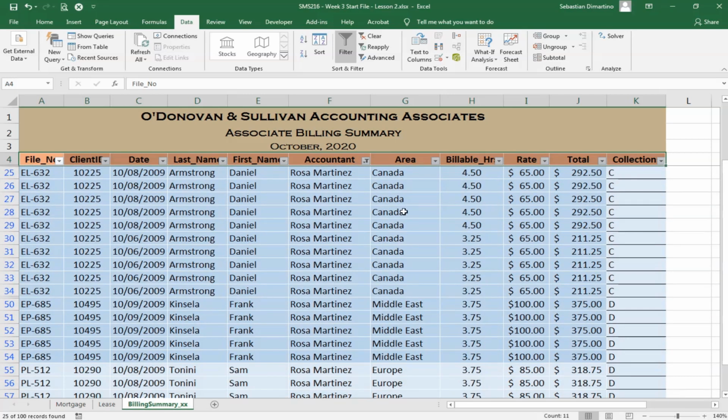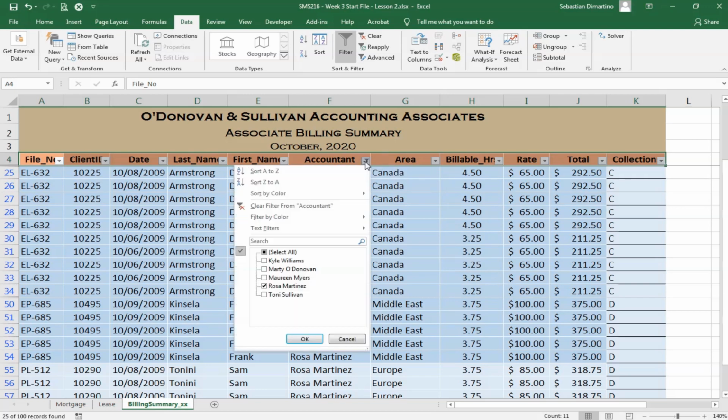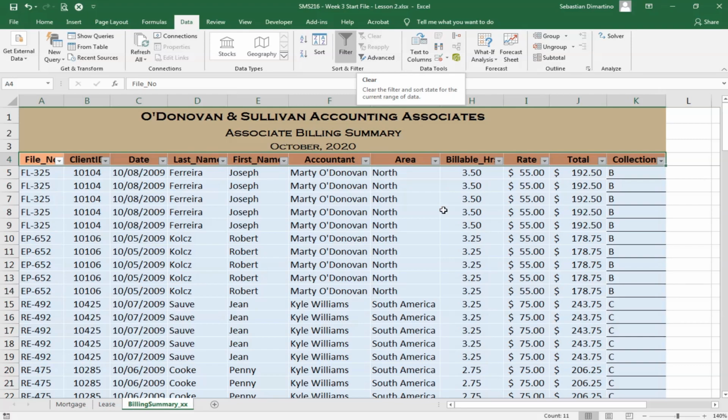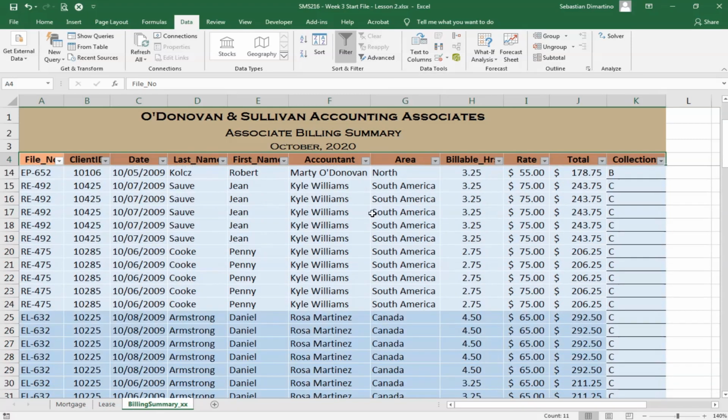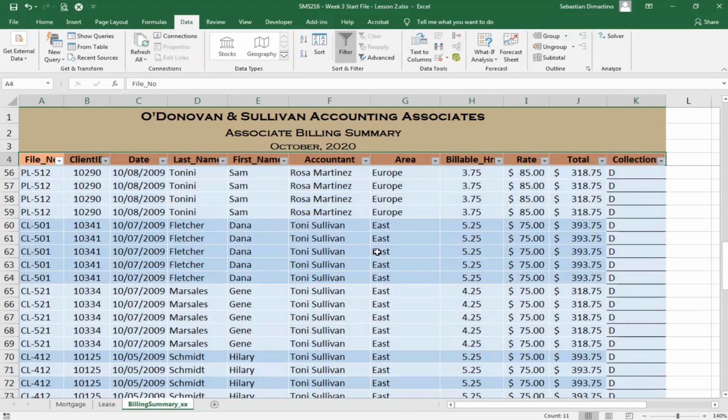Once I'm done with just Rosa, I can go back here and I can clear the filter from the accountant. Okay, so that's one option. The other option is to clear here up at the top. Perfect. Once cleared, all of my data is back.